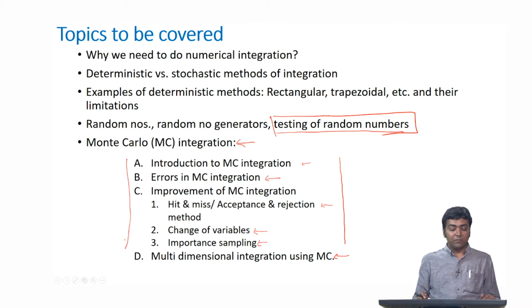Okay, so with this brief summary of the topics that we are going to cover in this module, let us start. So, when do we need to do a numerical integration? So, numerical integrations are typically necessary when we do not know the functional form of my integrand. Suppose we are all familiar with doing integration.